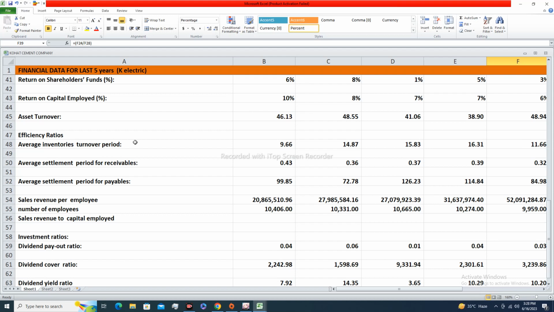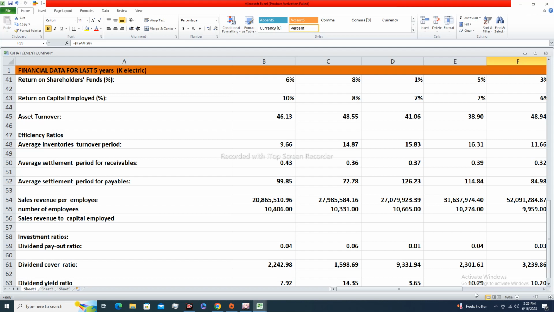Next is the average settlement period for receivables. In this we add the receivables from this year and the past year, divide by 2, and then divide the result by credit sales revenue. Whenever we are finding an average for the company, we use the available year and one past year.